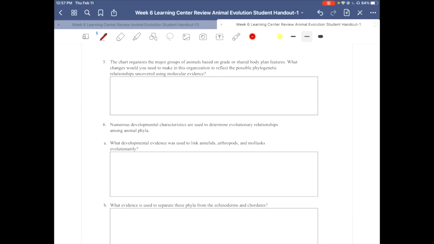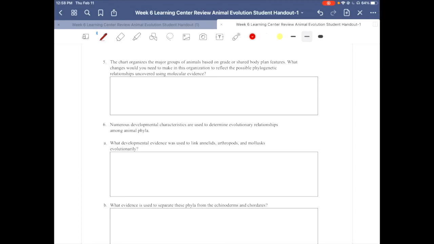Okay, the next question: the chart organizes the major groups of animals based on grade or shared body plan features. What changes would you need to make in this chart to reflect the possible phylogenetic relationships uncovered using molecular evidence?